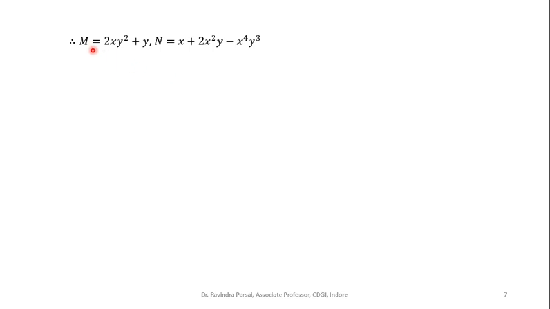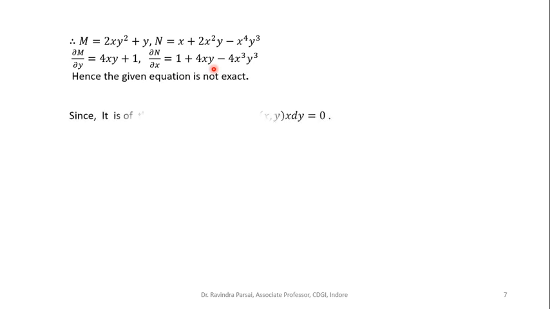The differentiation of m with respect to y is 4xy plus 1, and similarly you can differentiate n with respect to x. Its derivative is 1 plus 4xy minus 4x cube y cube. Therefore it is not exact because both the expressions are not equal.